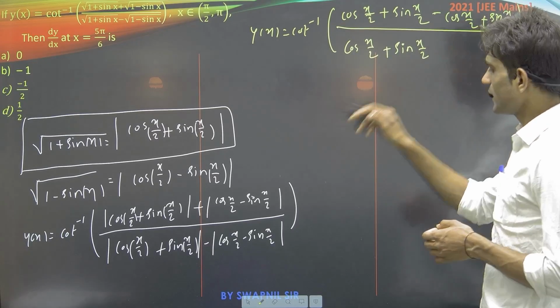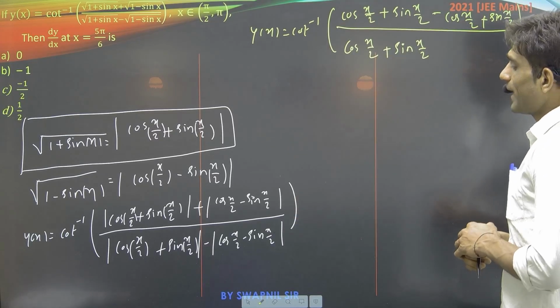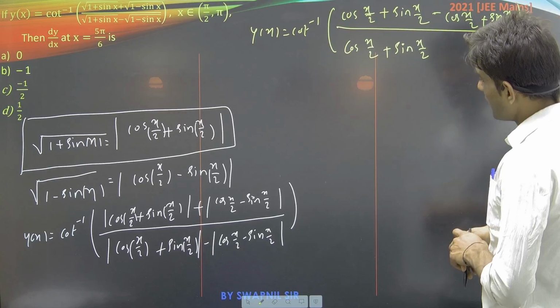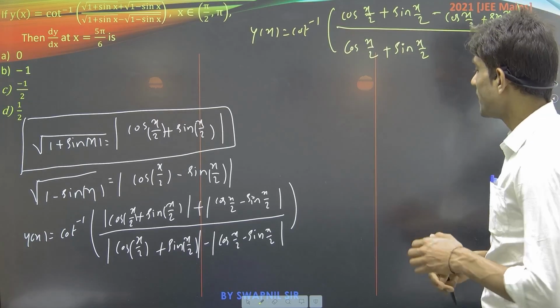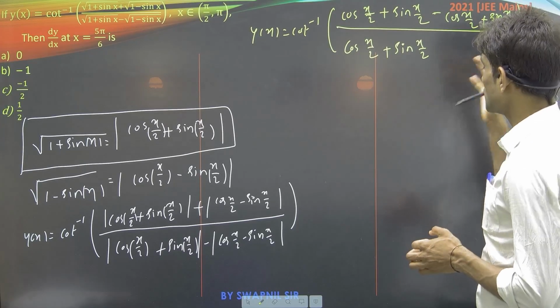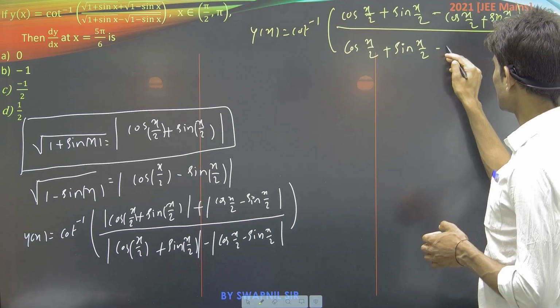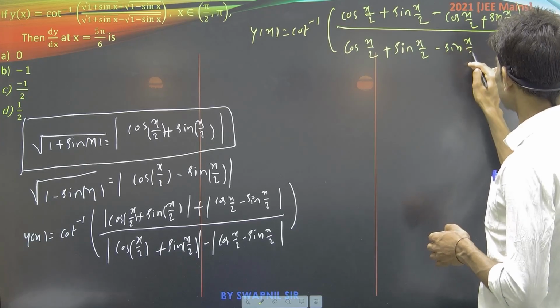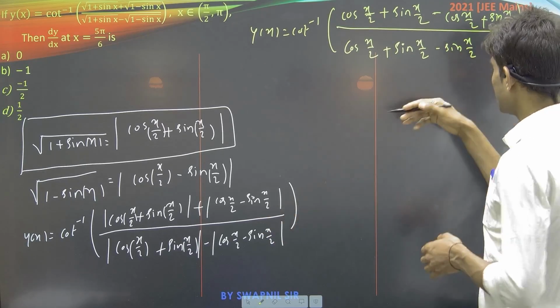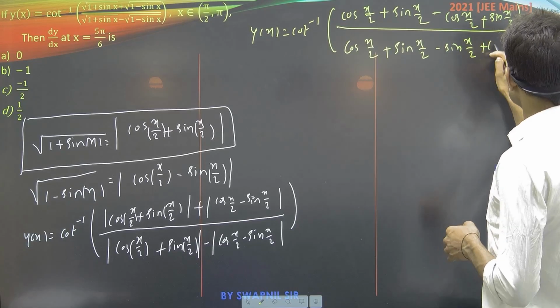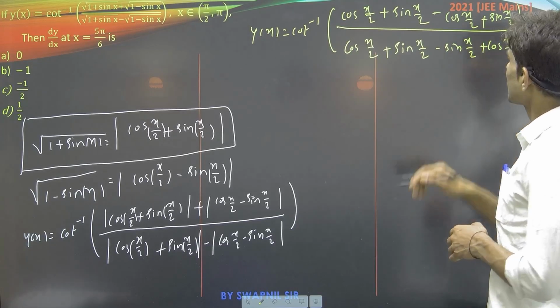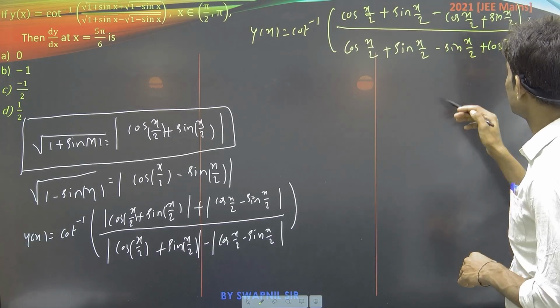Again, expand this next part. So minus of cos x by 2 minus of sin x by 2. We write minus of minus, which goes to plus, so it is minus cos x by 2 and plus sin x by 2. Now see that similar terms go for cancellation.